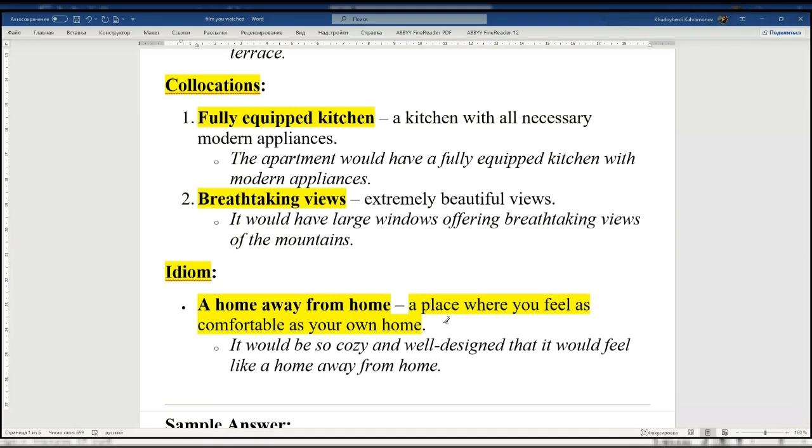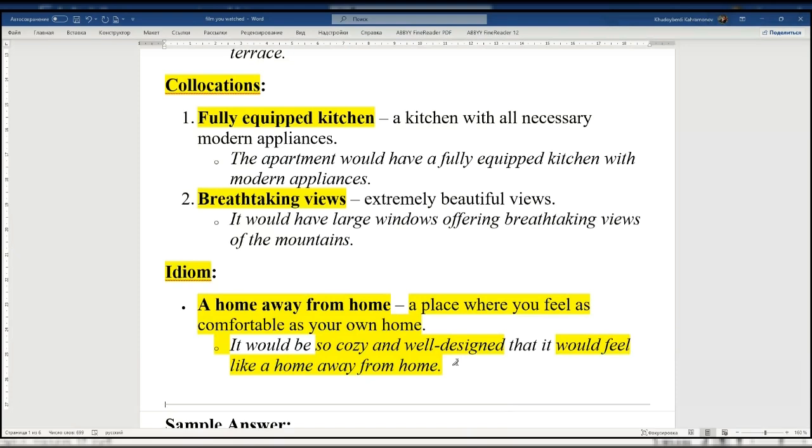For example, it would be so cozy and well designed that it will feel like a home away from home. It's just a home, so cozy, well designed with minimalist design or a fully equipped kitchen, right? And it felt like my home for me. So, according to my emotion, right?